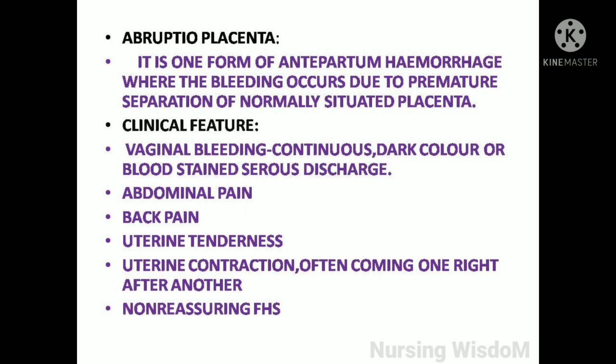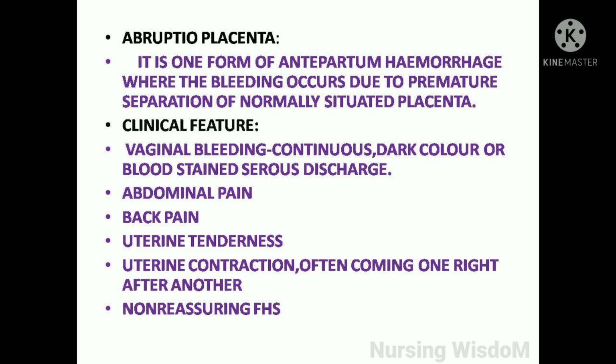What is abruptio placenta? It is one form of antepartum hemorrhage where the bleeding occurs due to premature separation of normally situated placenta. Clinical features: vaginal bleeding, which will be continuous, dark in color or blood-stained serous discharge.